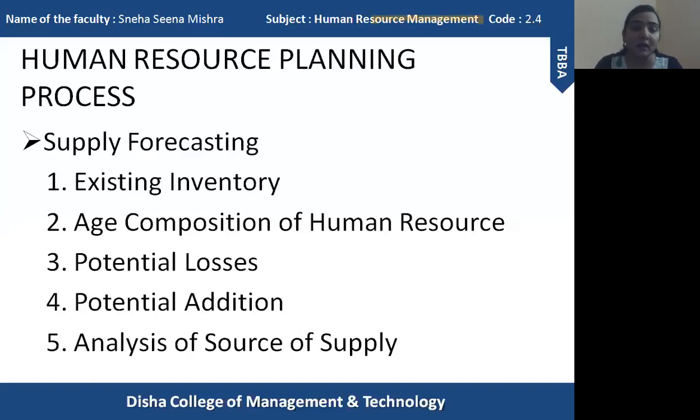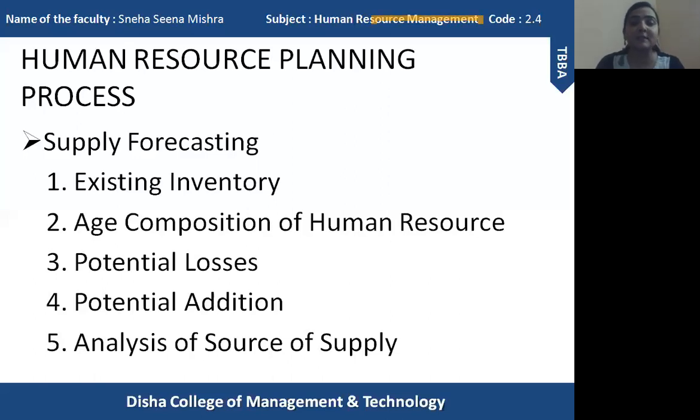So these are the elements which come under supply forecasting. These points help the organization to understand the existing workforce, and they also help to find out the supply of human resource, the source from which the organization can appoint people for the future human resource requirement.